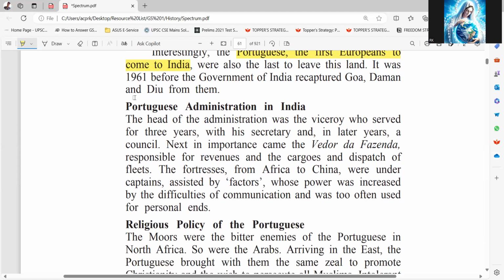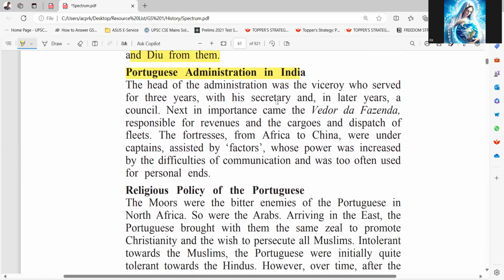Next is Portuguese administration in India. The head of the administration was the viceroy, who served for 3 years with his secretary, and in later years a council. Next in importance came the Vedor da Fazenda, responsible for revenues and cargoes and dispatch of fleets.